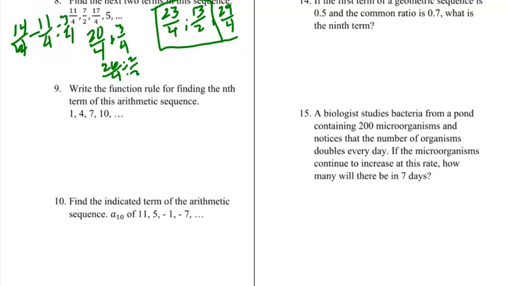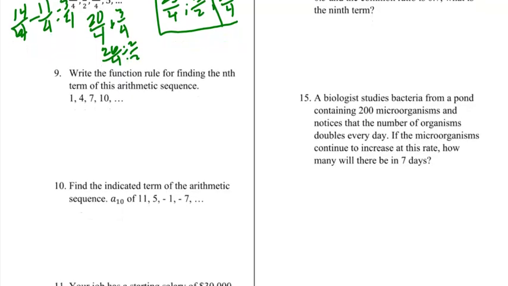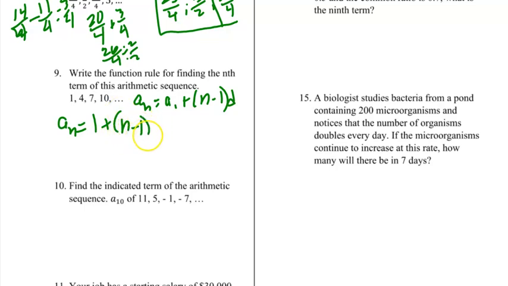Question 9, write the function rule to find the nth term of this arithmetic sequence. I'm going to be using the formula a subscript n equals a subscript 1 plus n minus 1 times the common difference. It looks like we are adding 3 each time, so that's our common difference. So the nth term is the first term, 1, plus n minus 1, times 3.